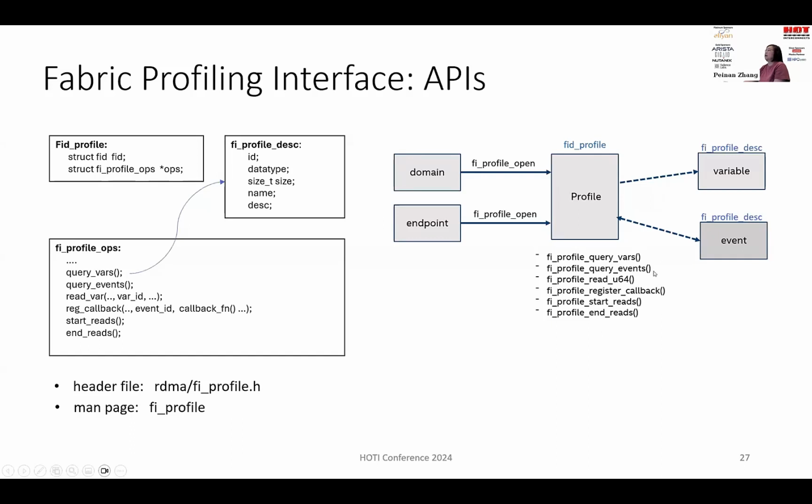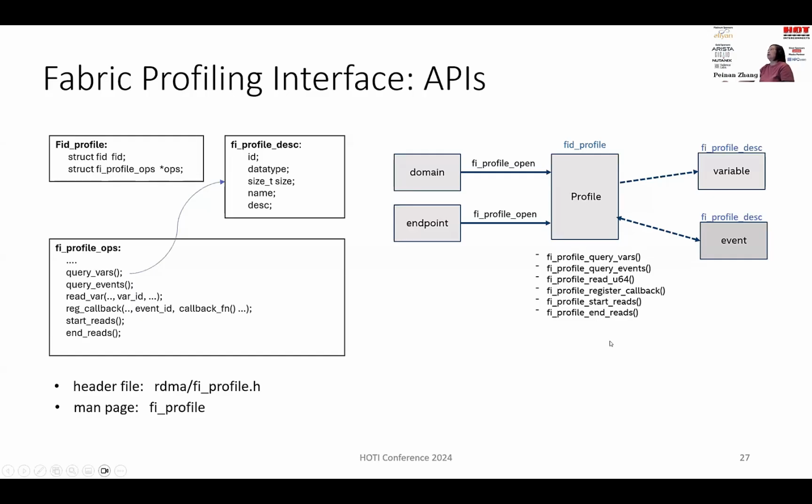These APIs are wrapper functions built on top of these ops. We have a man page, FI profile, to describe all the data types and APIs in more detail.